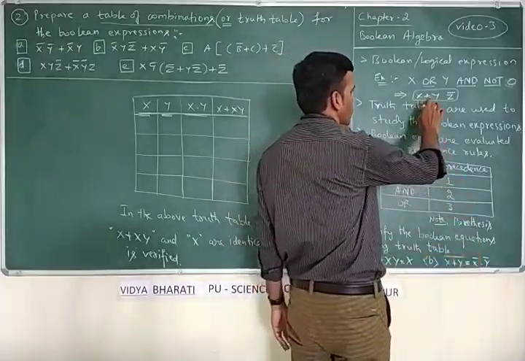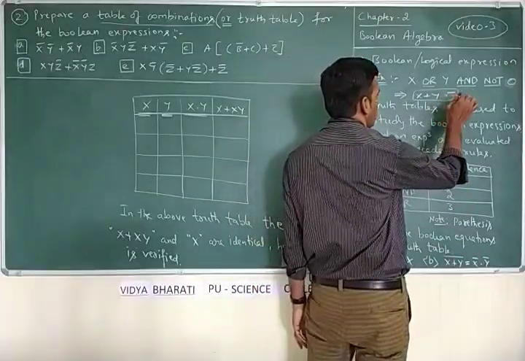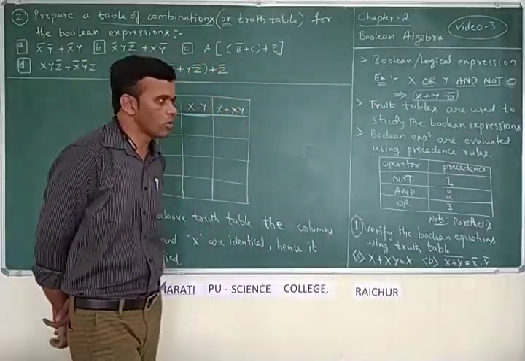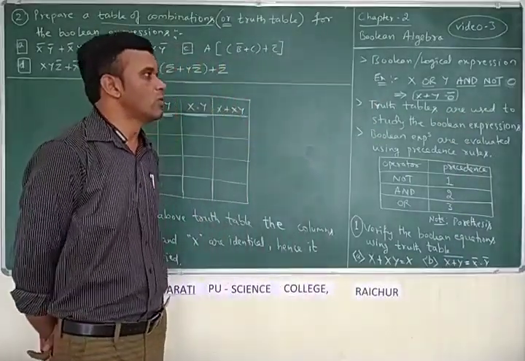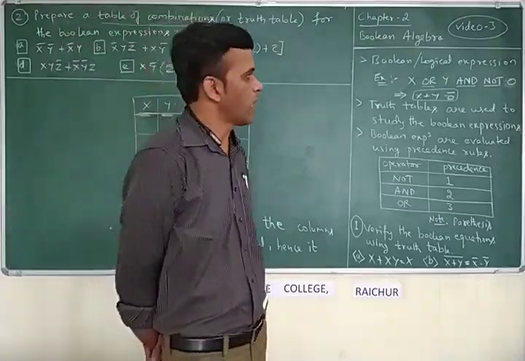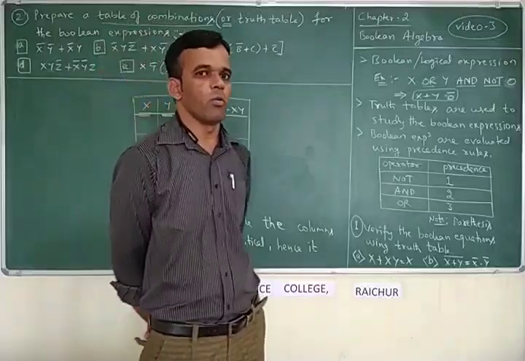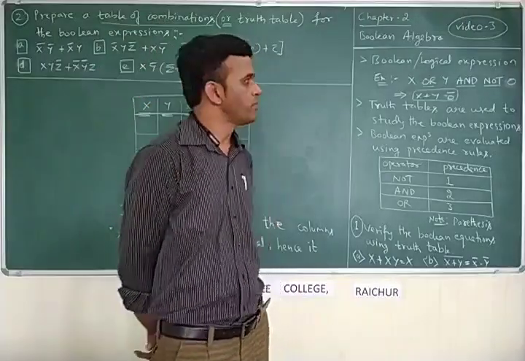So x plus y, here instead of z, it is going to be 0 bar, 0 complement. It's about the Boolean expression having Boolean operators and binary type variables and binary type values.